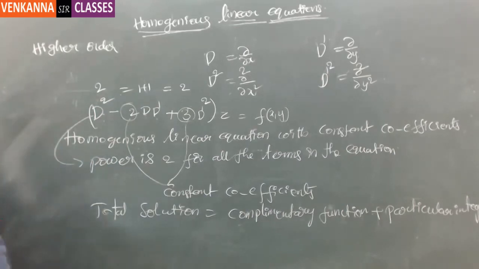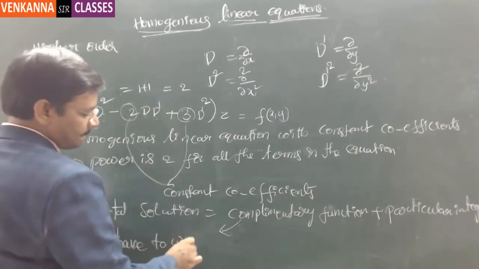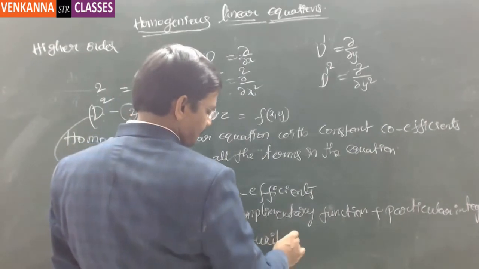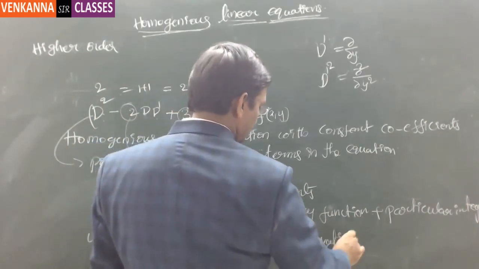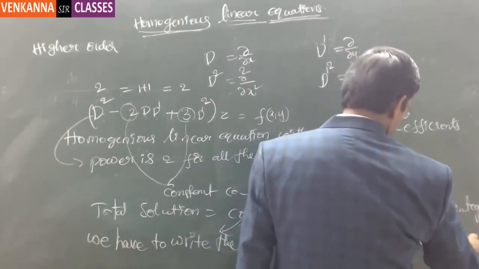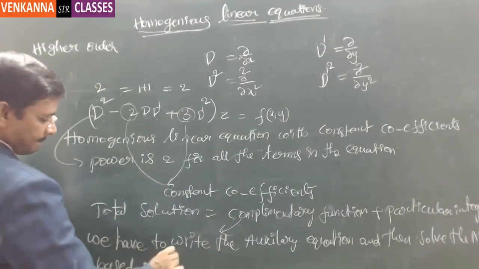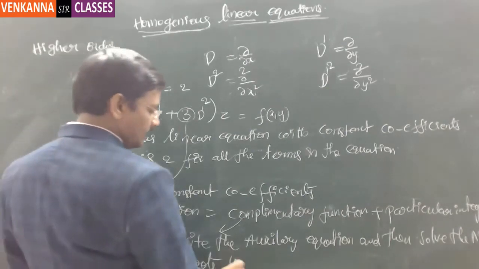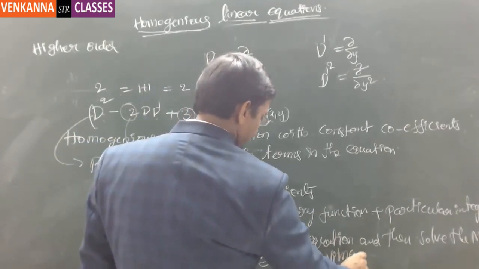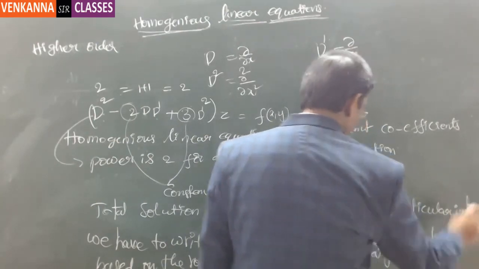Now, the complementary function we find out like this: we have to write the auxiliary equation, then solve the auxiliary equation, and based on the roots write the solution, or the complementary function. So this is the methodology we adopt to find the complementary function.